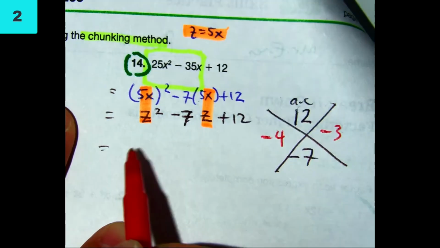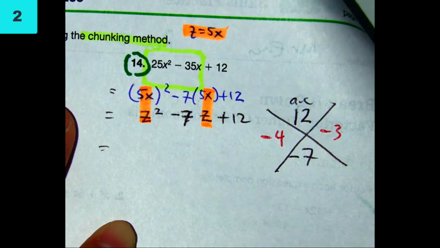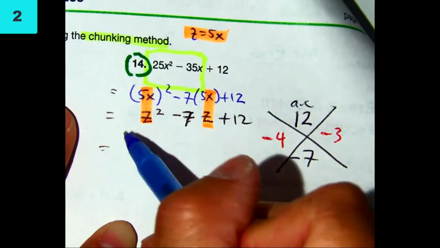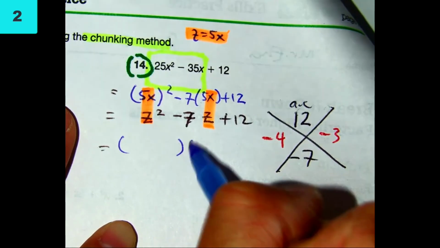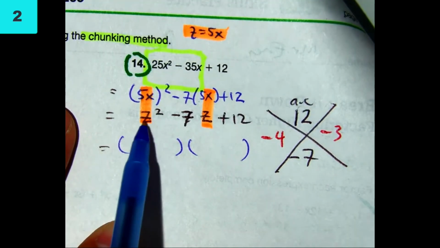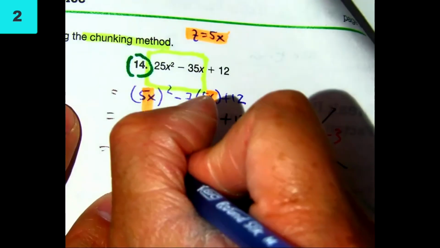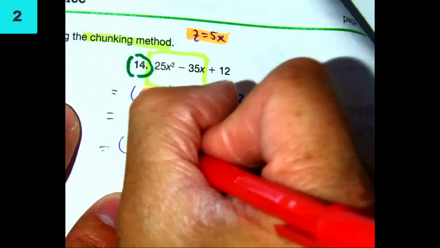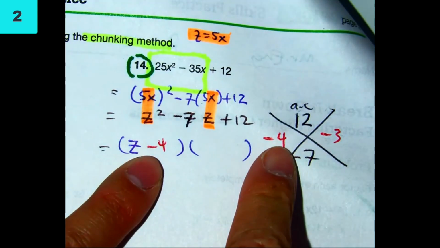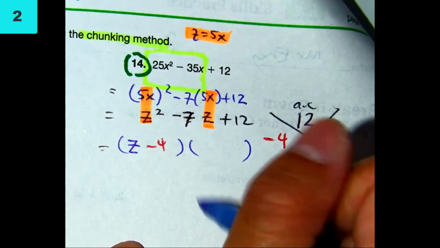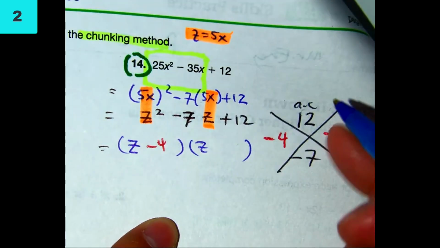Josh, tell me what to write on this side over here. What letter? Z. Negative 4. So that comes from over here. And over here, z negative 3.